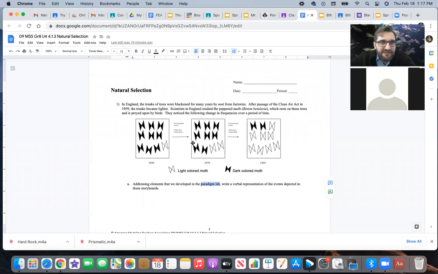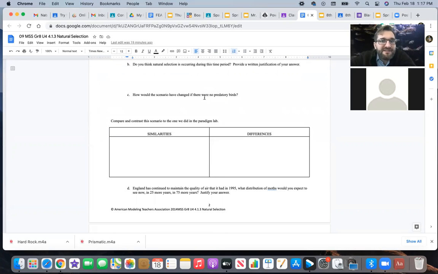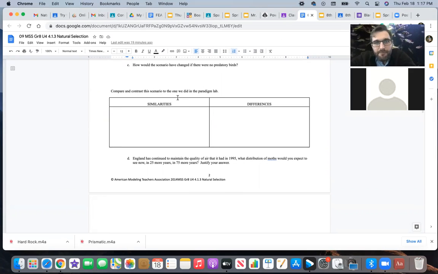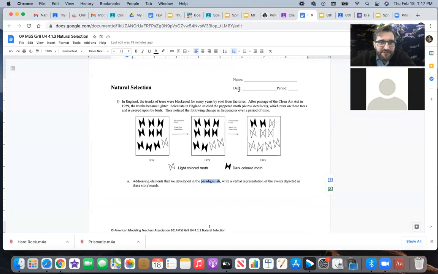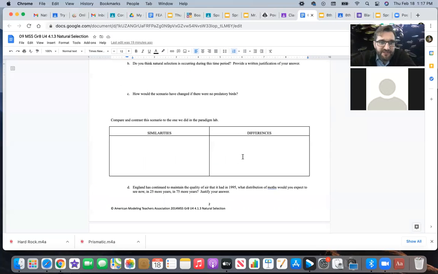In this scenario, read what it talks about as far as predators, and then would this scenario have played out the same if there were not any predators in the environment? The next portion is comparing our Fit Fishes lab, the similarities and differences between the Fit Fishes lab and the peppered moth activity here.